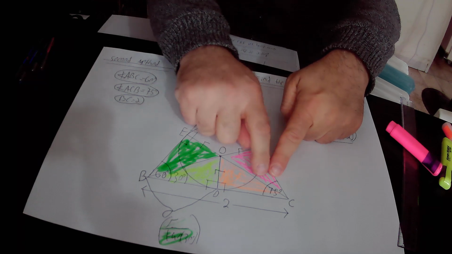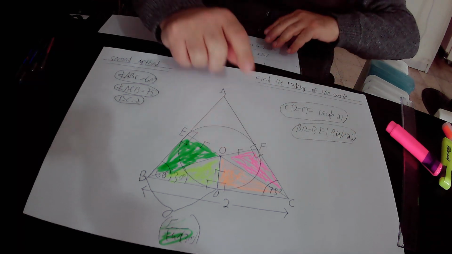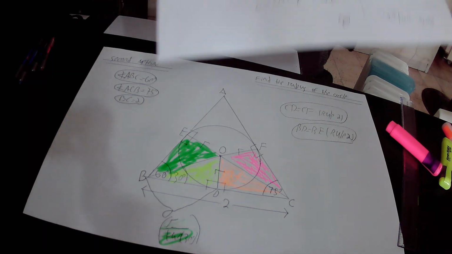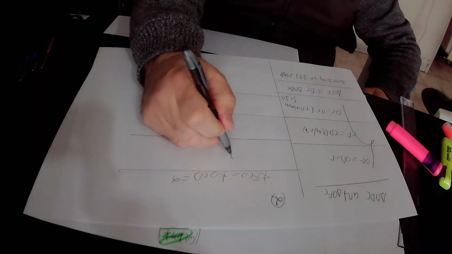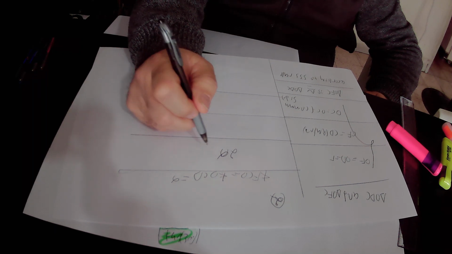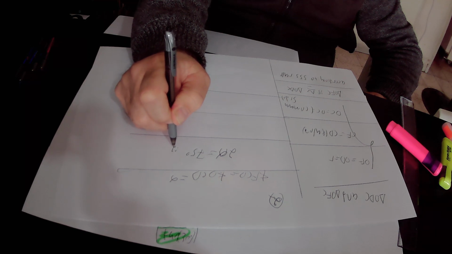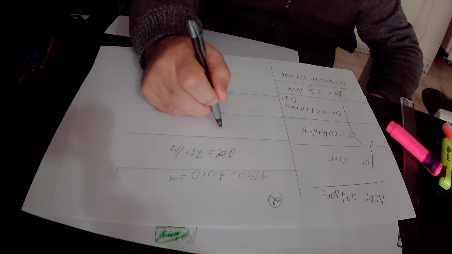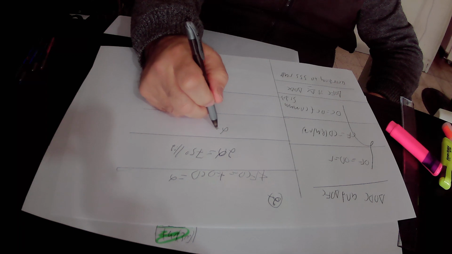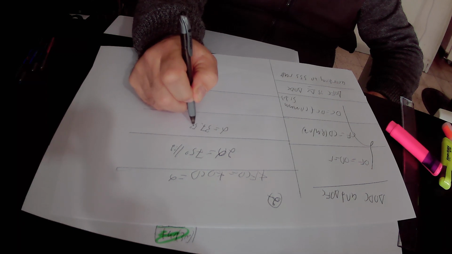So alpha plus alpha, that is 2 alpha, equals 75 degrees in its size. I write it down, 2 alpha equals 75 degrees. We divide this equation by 2, and finally we get that alpha equals 75 degrees over 2, which is 37.5 degrees.